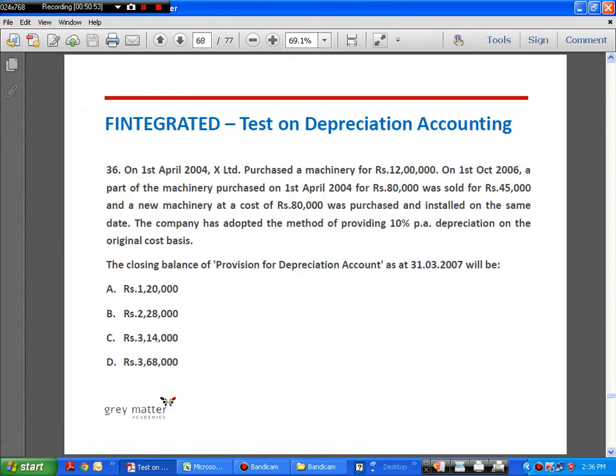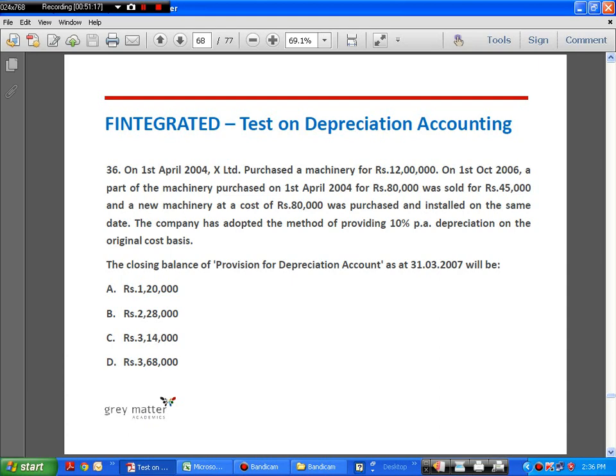Next, on 1st April 2004, X Limited purchased machinery for 12 lakhs. On 1st October 2006, a part of the machinery purchased on 1/4/2004 for 80,000 was sold for 45,000, and a new machinery at a cost of rupees 80,000 was purchased and installed on the same date.